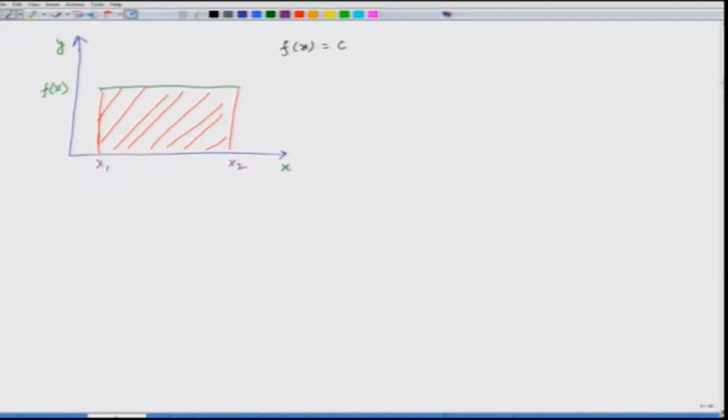So what it comes down to is area. This area is equal to the integral from x1 to x2 of f x dx, and because f x is c, it is c times dx from x1 to x2, and this is equal to c times x2 minus x1. Okay.